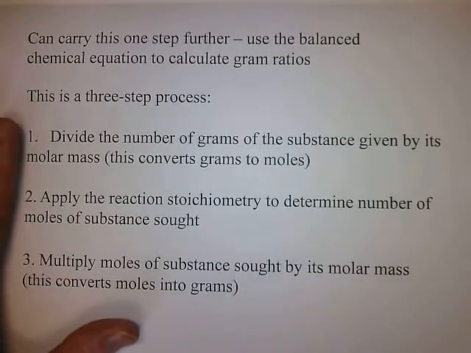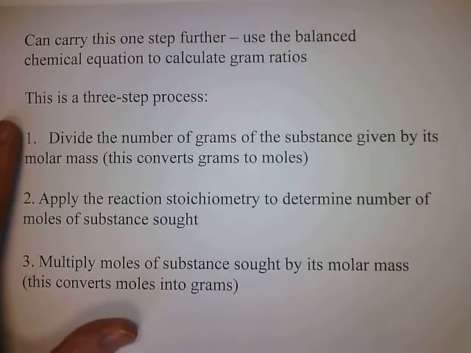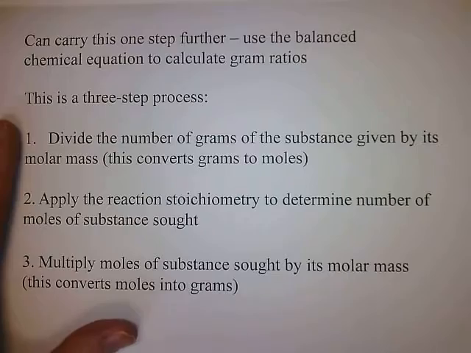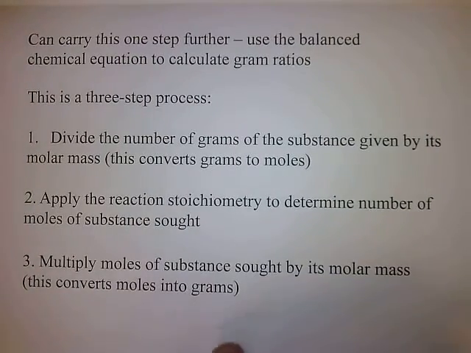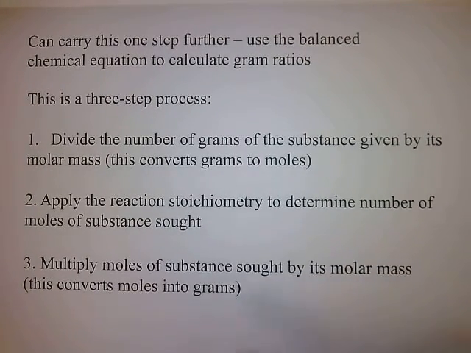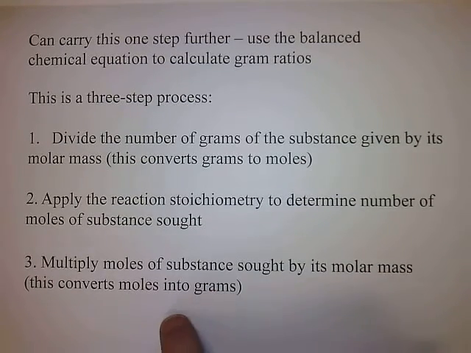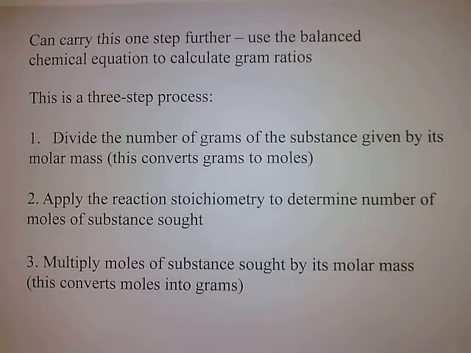Then we're going to apply the reaction stoichiometry like we just did in the last example. And then we're going to convert the moles back into mass again. In other words, we want to multiply by the molar mass of the substance sought. Okay, which is not as bad as it sounds. Let's work through a couple of examples.